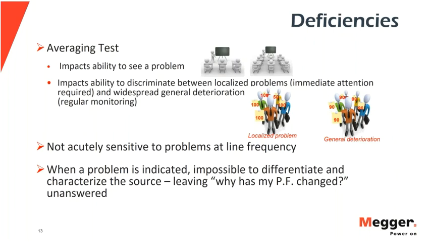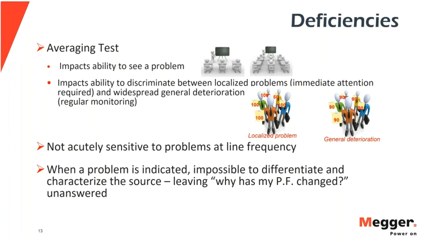Another problem with power factor tests is that they are not acutely sensitive to many problems at line frequency. And when a problem is indicated, it's also impossible to differentiate and characterize the source, leaving 'why has my power factor changed' unanswered, and you're left with many questions.